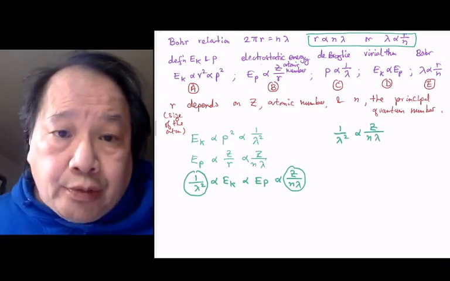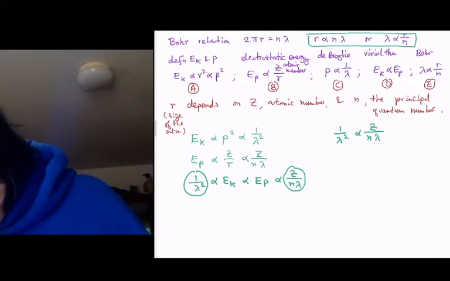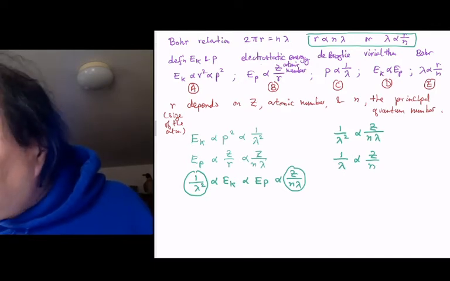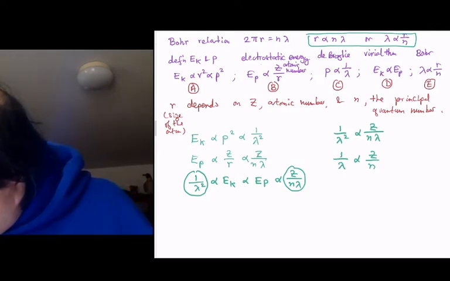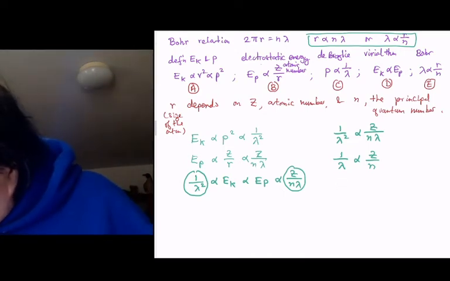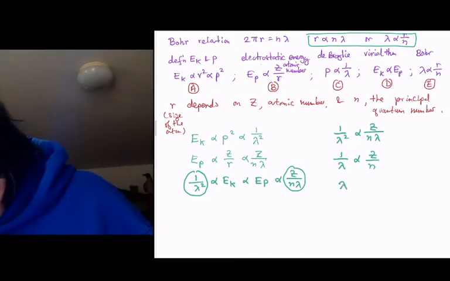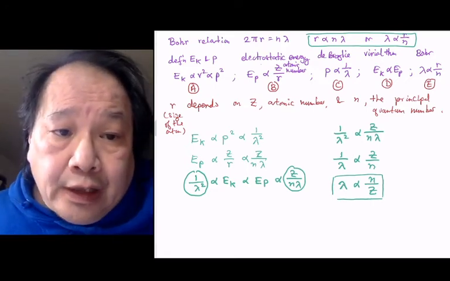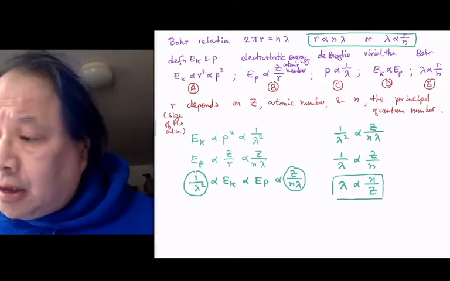Just like in regular algebra with equalities, we can cancel a lambda, and we get 1 over lambda is proportional to n over Z. Or, turning that around, lambda is proportional to n over Z.